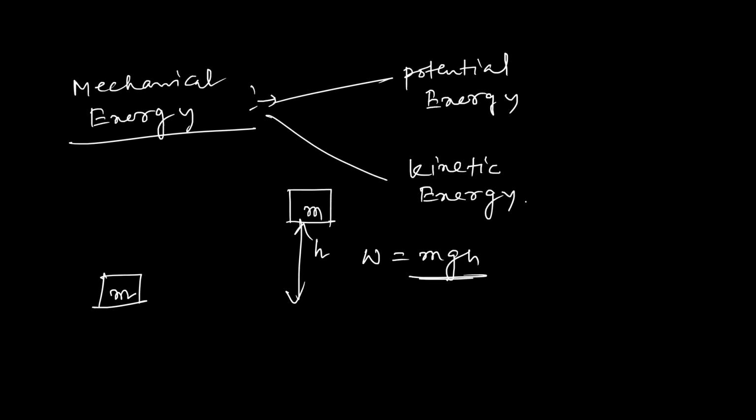This is the potential energy stored in that object with respect to its position. That means it has the ability, the potential, to do some work. This is your potential energy, which is determined with respect to its state, that is, the object is at rest, as well as its position, that is, at which height it is placed.